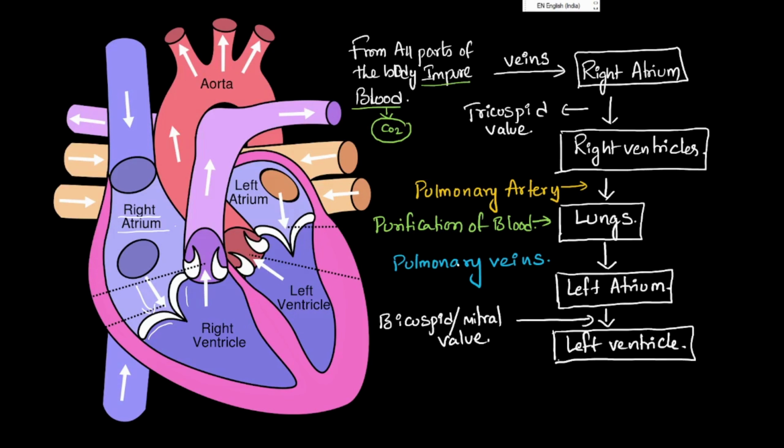Next, from the ventricles. The left ventricle has pure blood, students. From the left ventricle, blood will be pumped to all parts of the body. Pure blood, meaning oxygen rich blood, will be pumped to all parts of the body, students.